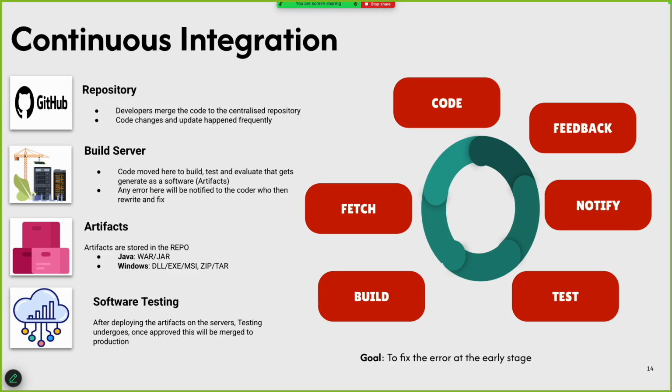Before it gets deployed in the production server, or before it is rolled out, it is called artifacts. When we say artifacts, it is not live yet; it is after testing and ready to merge with the production environment.